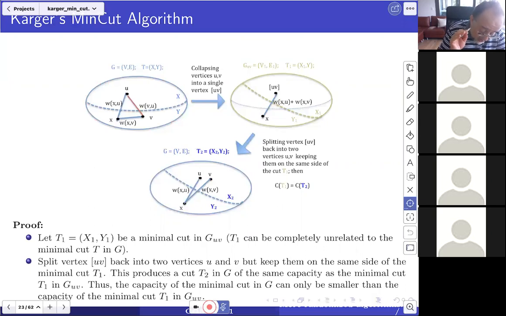It's larger or equal the set of capacities in the new graph, right? And for that reason, because all the capacities available here are also available in the original graph, the minimum of these can only be larger or equal than the minimum of these, right? Because you are taking the minimum over a larger set, right?